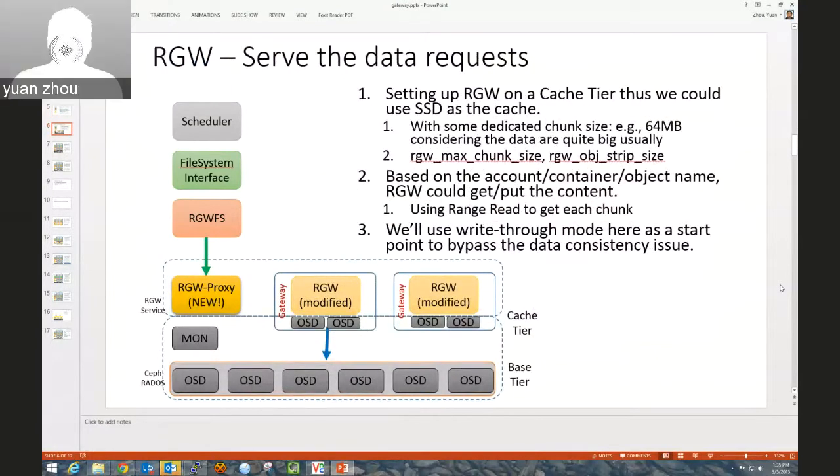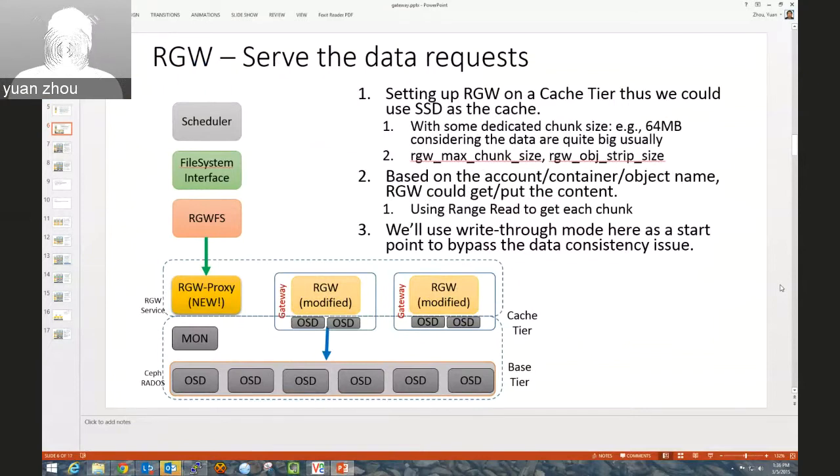So this is the third part. This is pretty much no development work needed here, just some deployment work. We intend to build a RGW cluster with a Ceph cache tier. Note that there's only one cache pool for all these RGW instances, so that we can bypass the cache coherency issue.